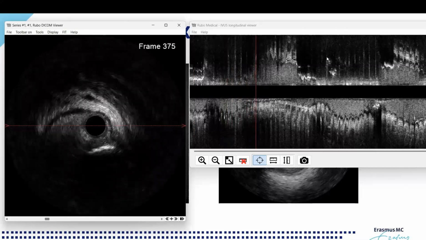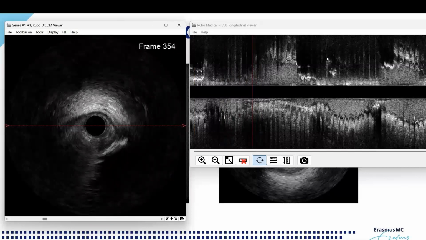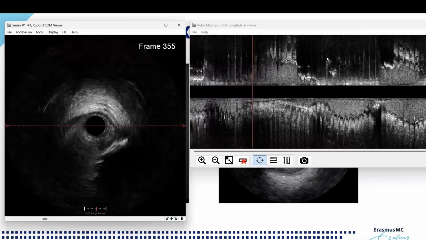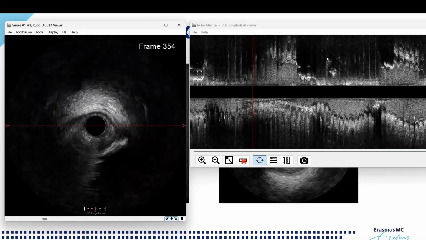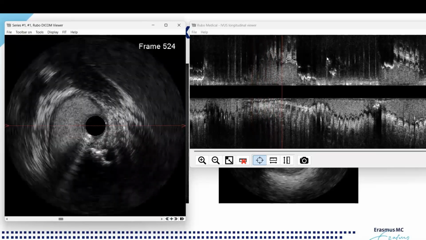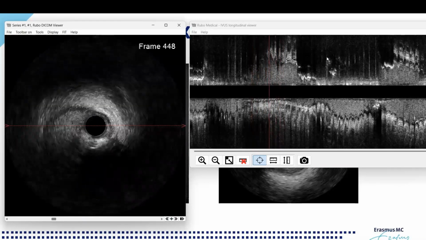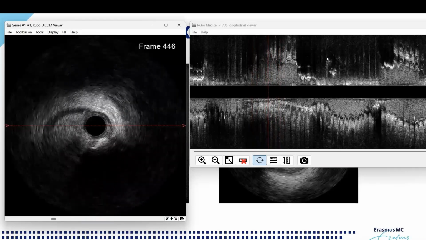And here we have the minimal luminal area in the vessel. There is some calcification there. There is some lumen in here. And so you see that the vessel itself, although it was not significant on the FFR, still has a small lumen in there with a calcified nodule.